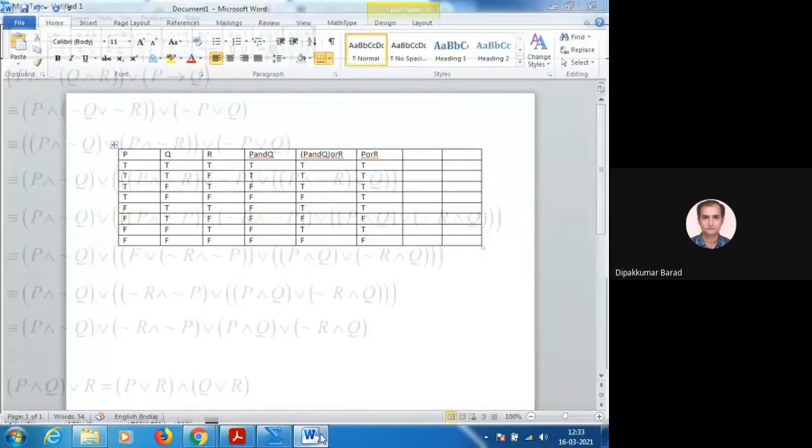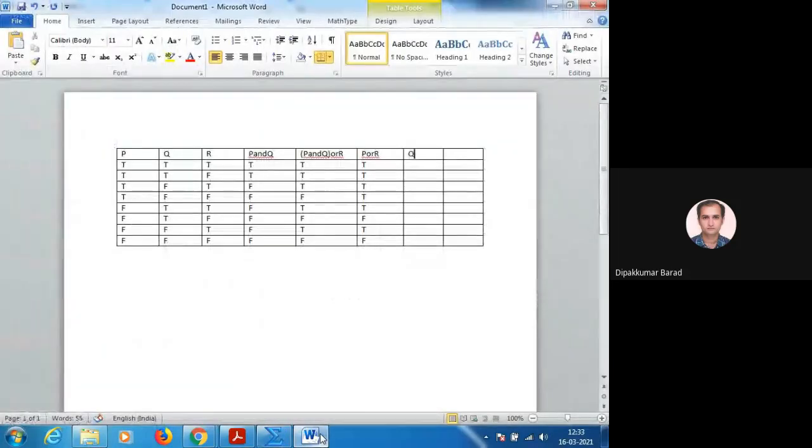Now we want to find Q or R. So first I get T, and T, and T, and F. Then T, then T, and then F. Is it correct? At any point do you have a doubt in this?